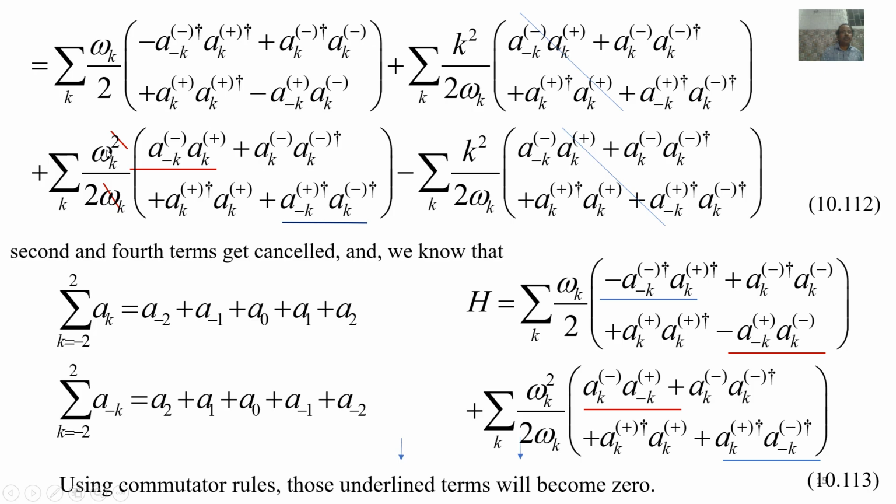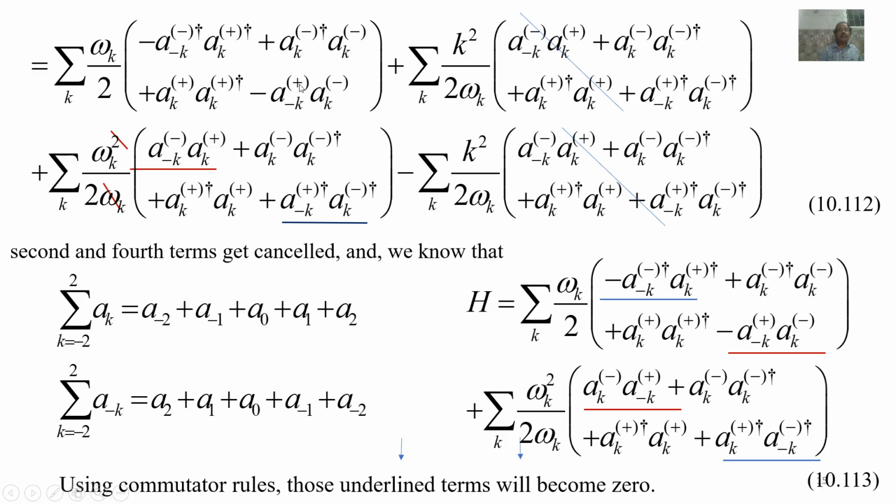And here we are going to use the following idea. Look at the first term. You have this term. You just look at the fourth term here: minus a_minus k plus a_k minus.